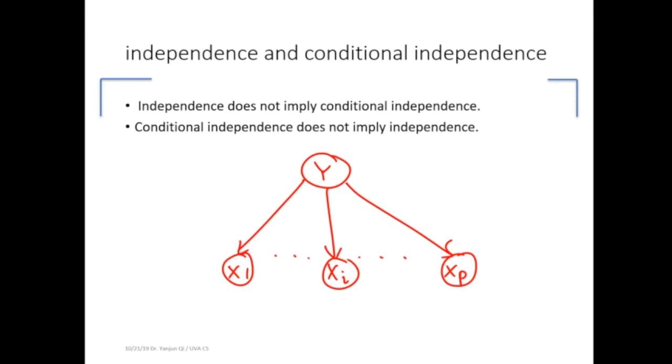This makes it almost the simplest generative probabilistic model for classification. We always start from the simple case, then go to the complicated case. This is the simplest case when we use a generative model to model our data.